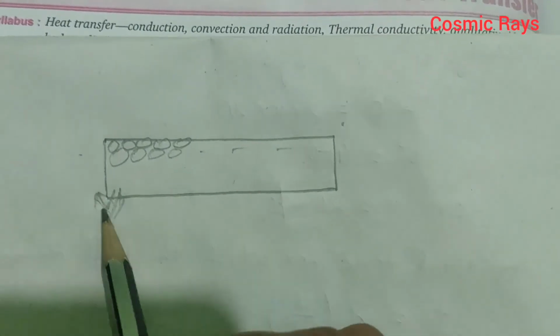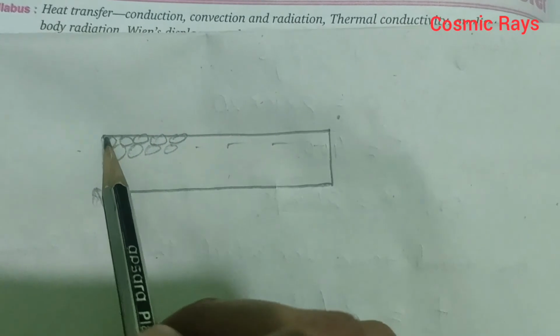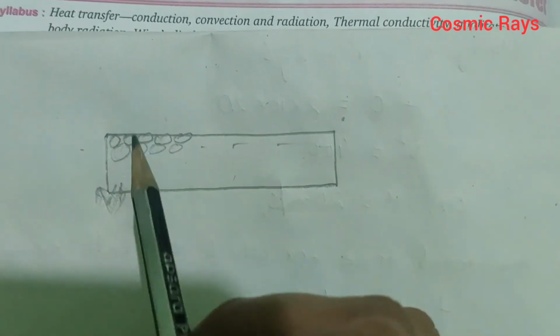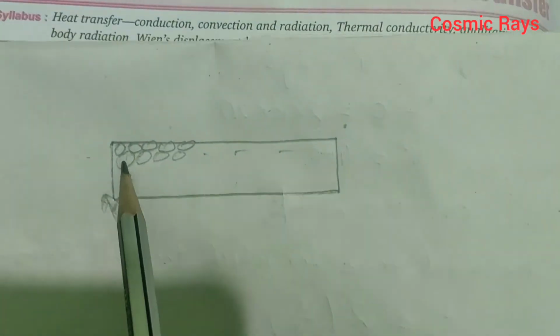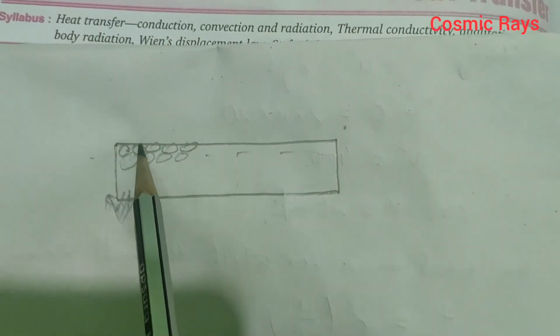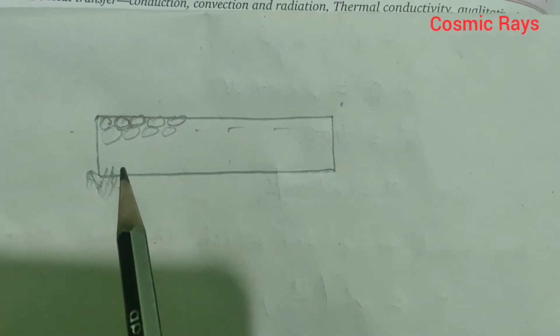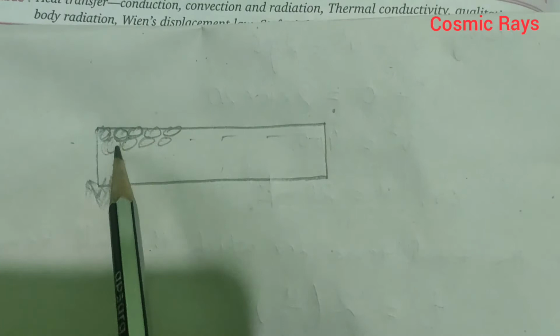If we heat up this end of the rod, the temperature of these molecules rises up. Now once the temperature of these molecules rises up, they are in contact with the other molecules which are comparatively at a lower temperature than these molecules.